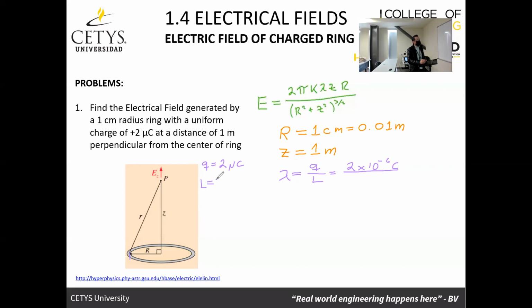So the perimeter is going to be 2 times pi multiplied by r. That's going to be the length of the ring. And so lambda is going to be the charge divided by 2 times pi multiplied by r, which in this case is 0.01 meters.